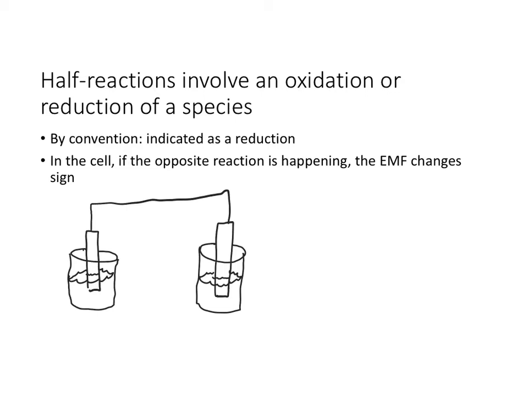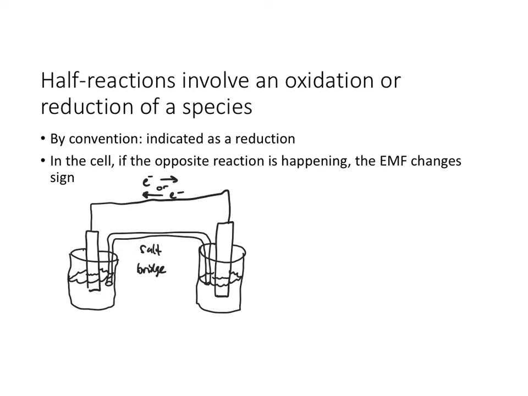And then there will also need to be a device called a salt bridge. And the salt bridge is going to allow the free flow of ions so you don't get a buildup of charge in any one of the half cells. So we'll have a flow of electrons either in one direction or another.